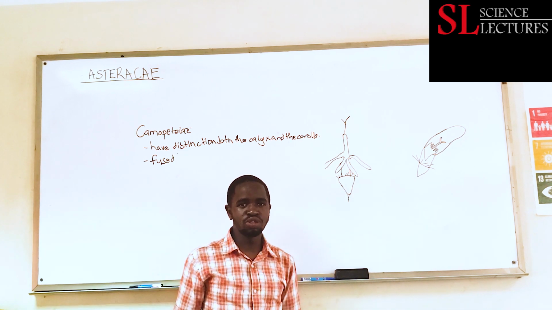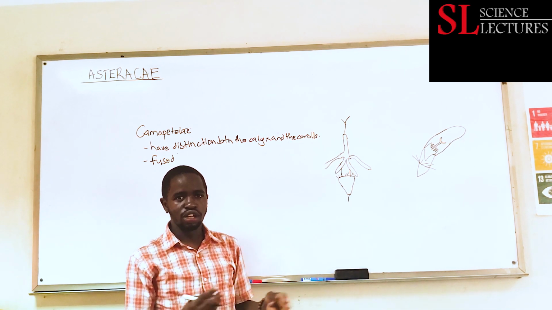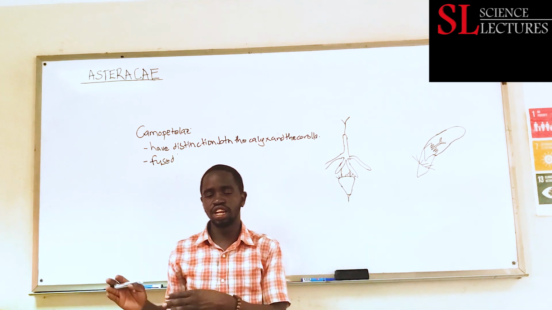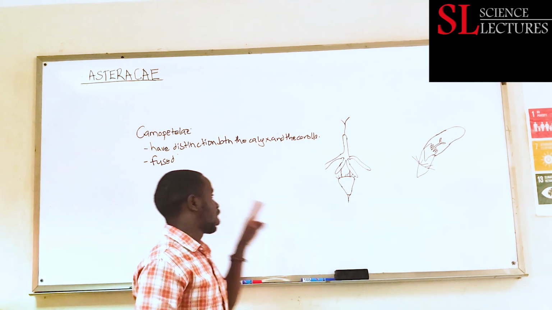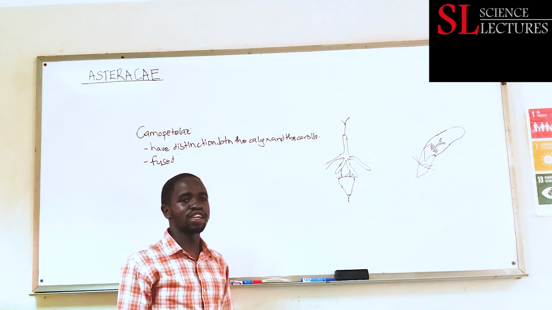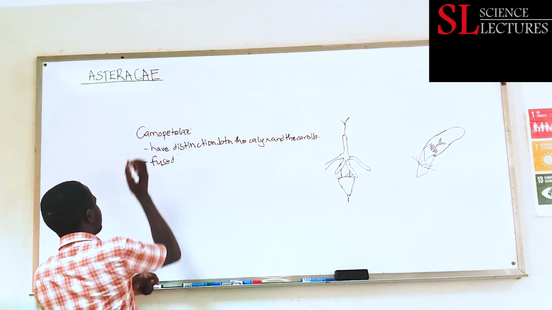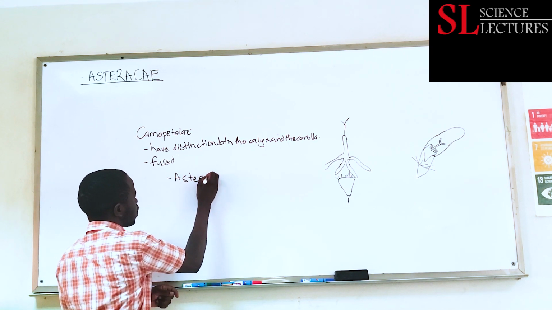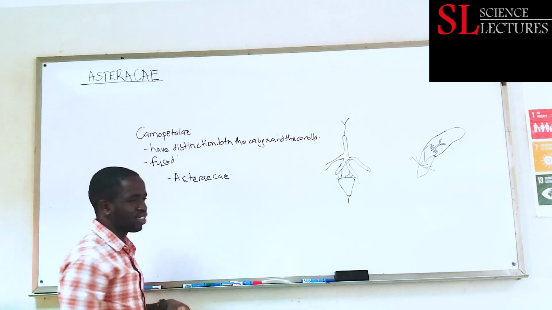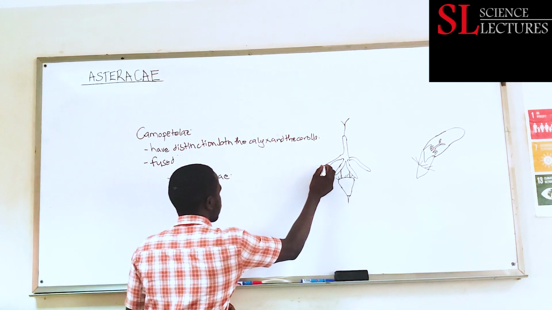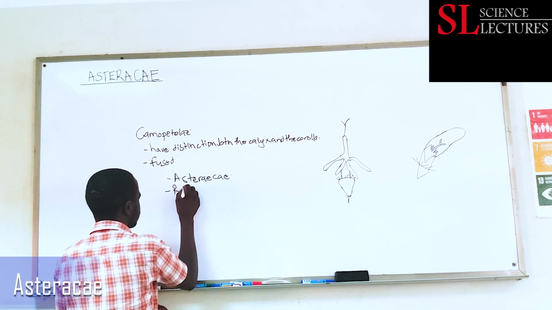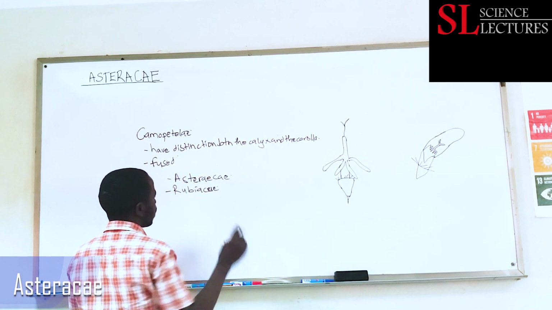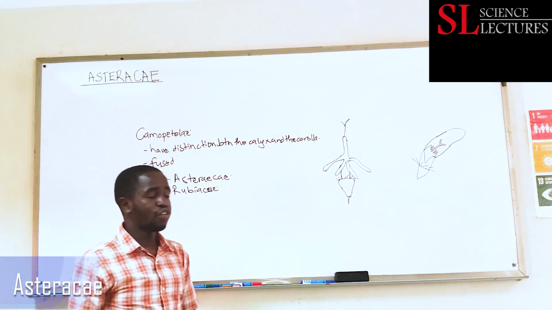In our earlier videos, we said that in plant evolution we moved from free to many to fused and fewer floral parts. So gamopetalae is the most advanced class amongst the dicots, and it has very many families. Families like Asteraceae, which is what we are going to discuss today. Asteraceae is the sunflower family. Families like Rubiaceae is the coffee family.